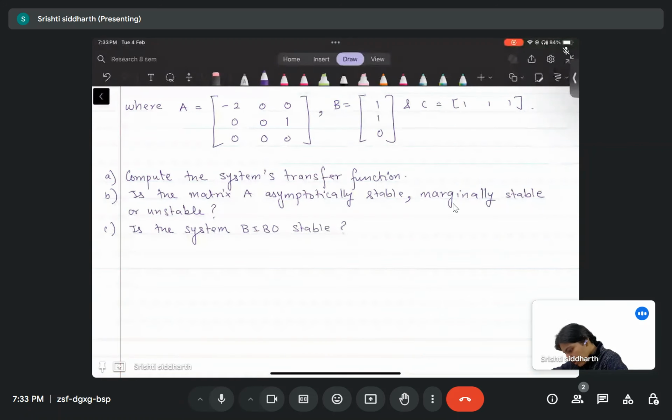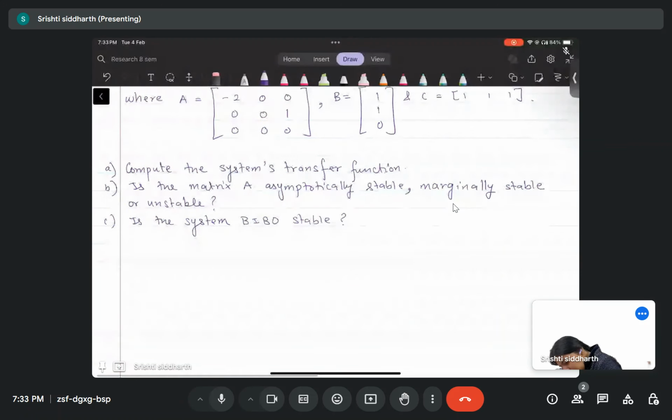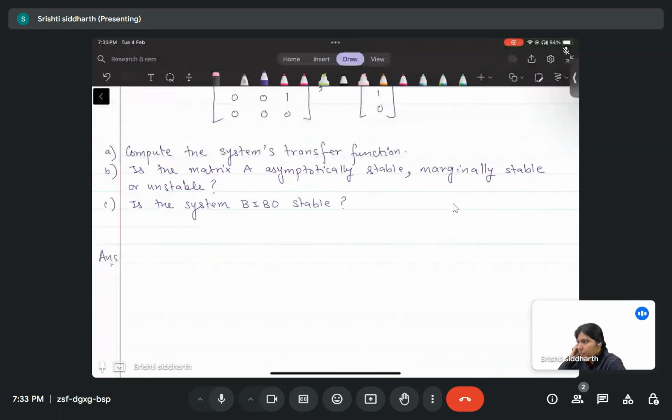So let's compute part B first, because it doesn't require the transfer function.